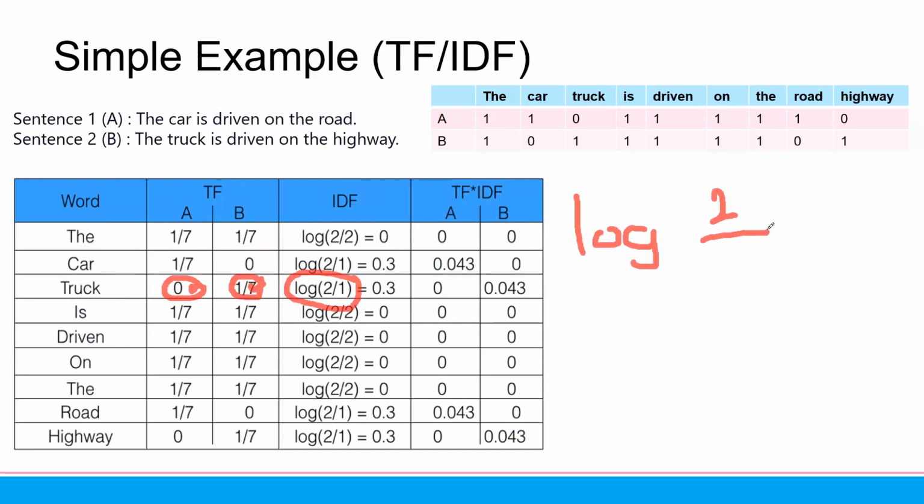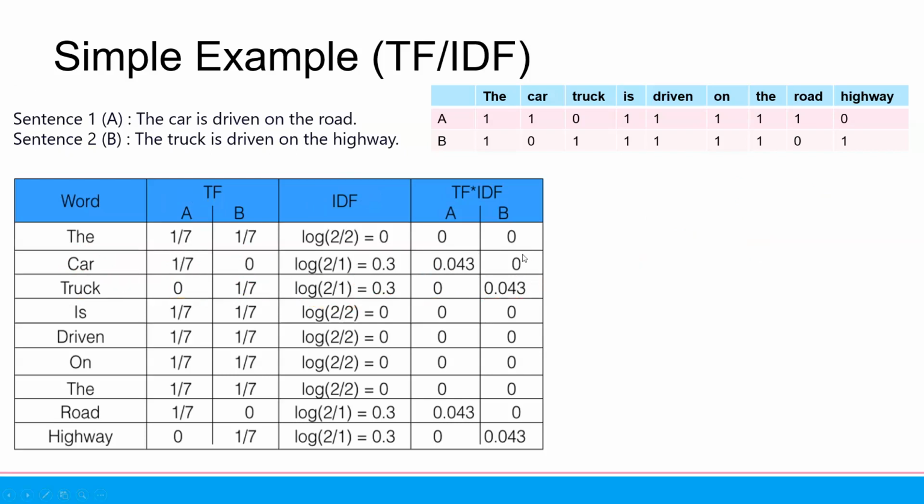Among the two documents, the word truck appears only in one document. So we have log 2 divided by 1, and the result is 0.3. So the TF-IDF of document A is 0, and the TF-IDF of document B is 0.043.